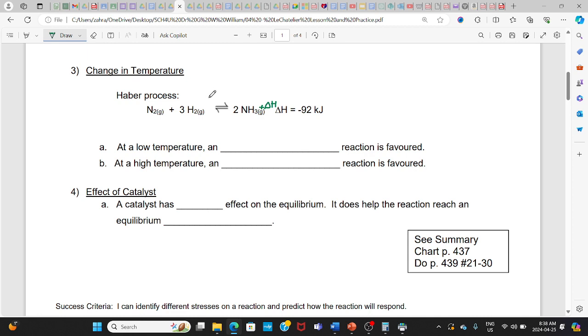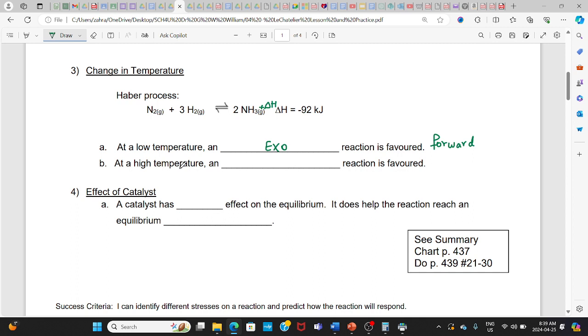If you go backward, you're taking heat from the surroundings, so it becomes colder, right? So you have to go forward, producing some heat to warm it up. That's low temperature, so you go forward. Just put it at forward. But the forward reaction is exothermic, right?